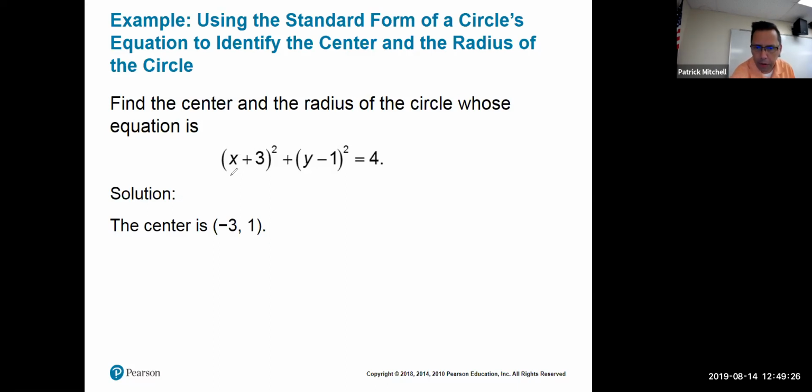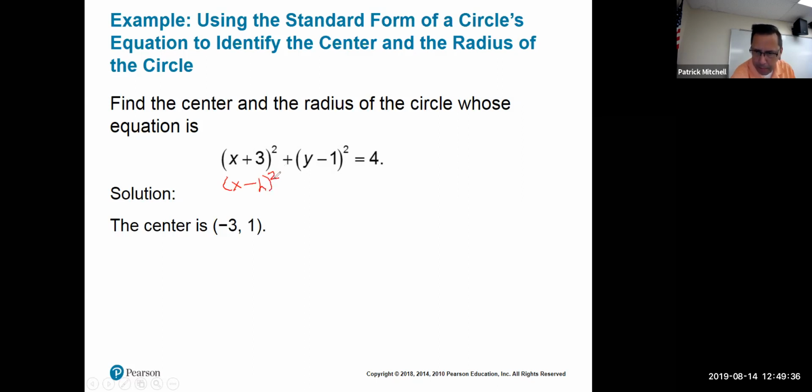So the reason the center is -3, 1 is because, remember, you have to think of this as x minus h. Because of the built-in minus sign, I'm going to think of that x plus 3 as x minus -3.